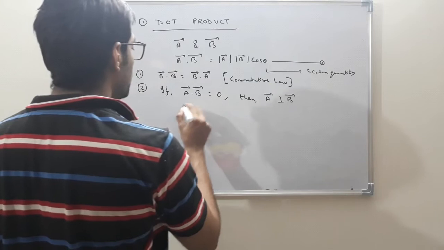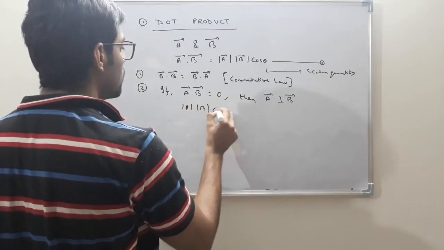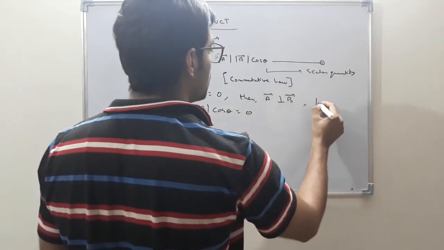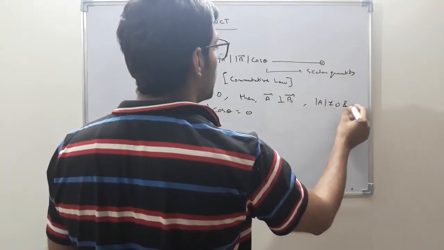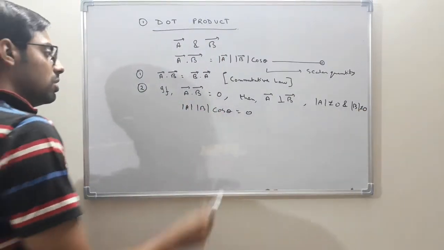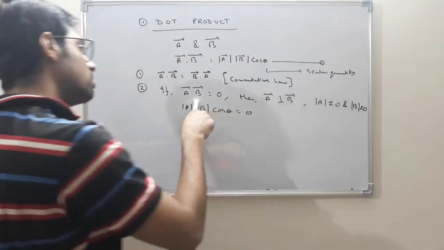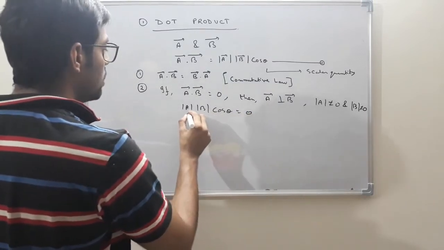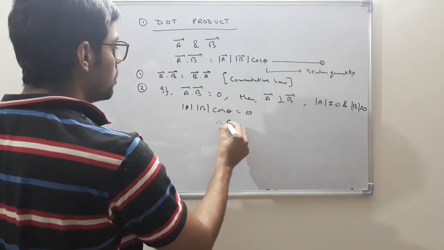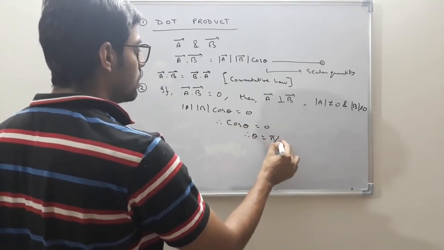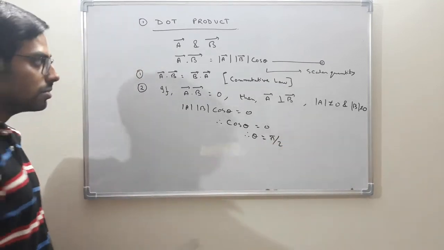How? Because A dot B equal to 0 means mod A mod B cos theta equals 0, and the condition is mod A not equal to 0 and mod B not equal to 0. If mod A is not equal to 0 and mod B is not equal to 0, and A dot B is equal to 0, then we get A perpendicular to B. In this case we are given that mod A is not equal to 0 and mod B is not equal to 0, therefore cos theta equals 0. Therefore theta equals pi by 2.